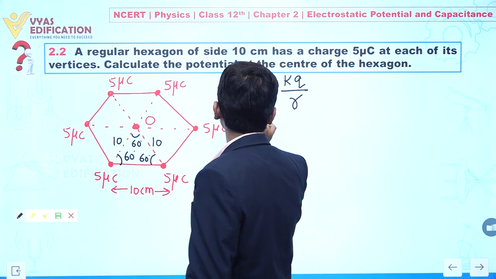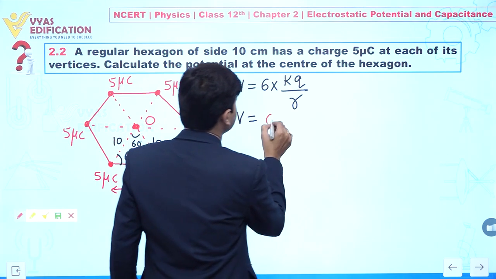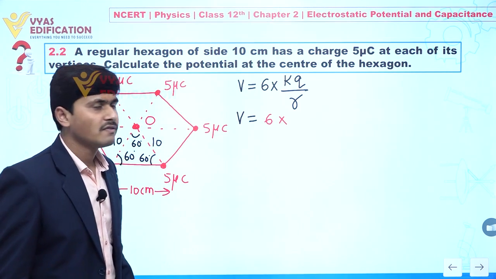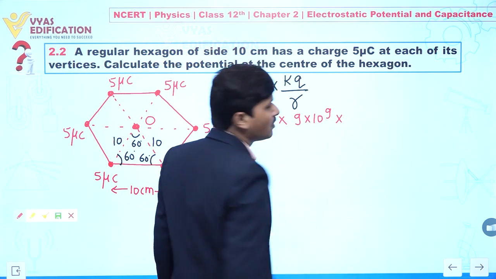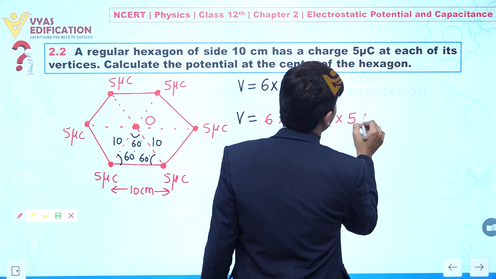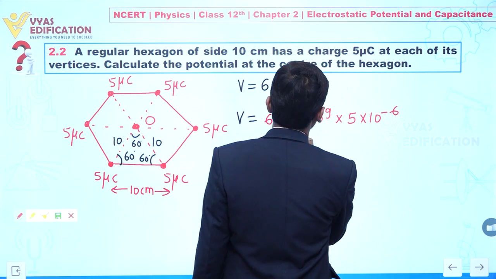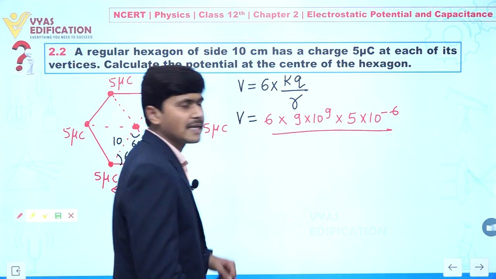So we can write like this, V should be equal to 6 multiplied by the value of K, we have 9 into 10 to the power 9, into the value of Q, this is given 5 into 10 to the power minus 6, and it is divided by the value of R, given 10 centimeter.